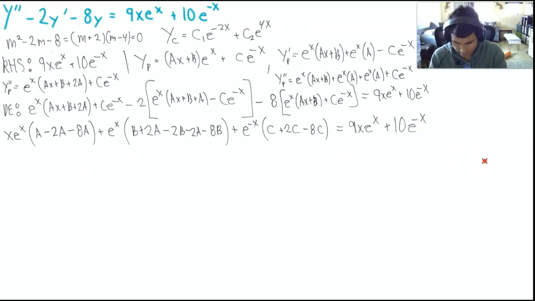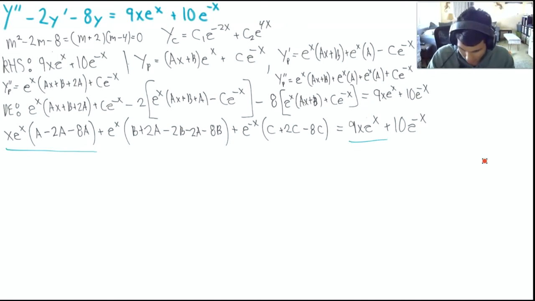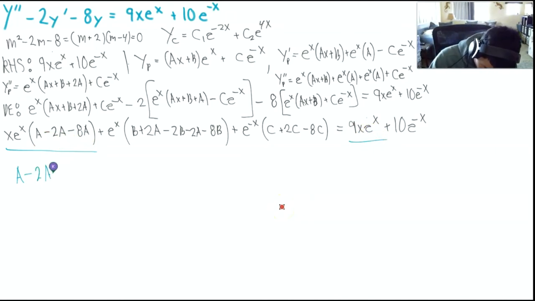Okay, so let's just focus on everything with x e to the x in front of it. And then what would that become? Well, if we factor out that x e to the x, it's just going to be a minus 2a minus 8a is equal to 9.